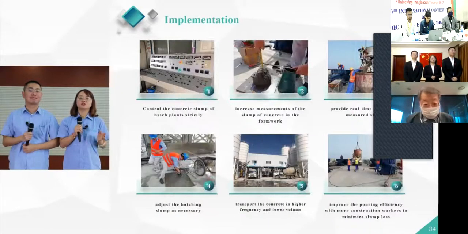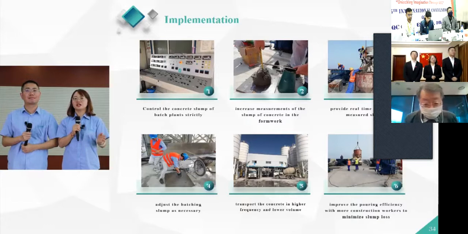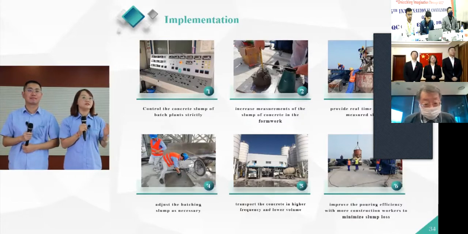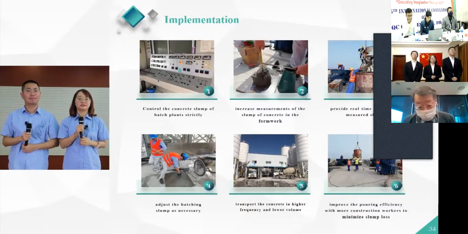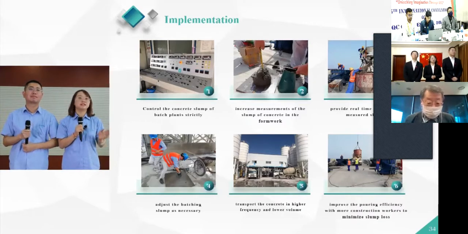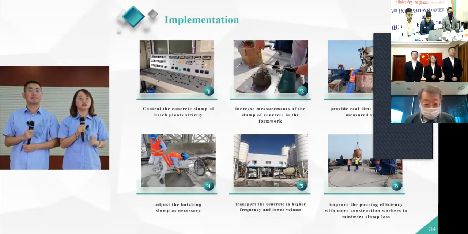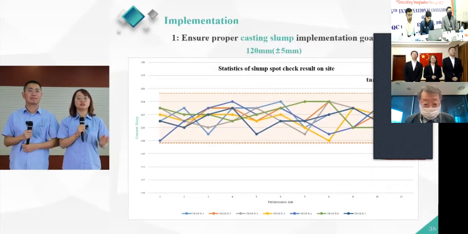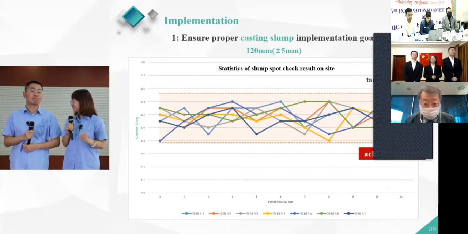Methods taken for solution 1 include controlling the slump, increasing the measurement of the slump, providing real-time feedback, adjusting the batching slump, and transporting the concrete in higher frequency and lower volume to improve the pouring efficiency. After implementation of solution 1, the goal was achieved.